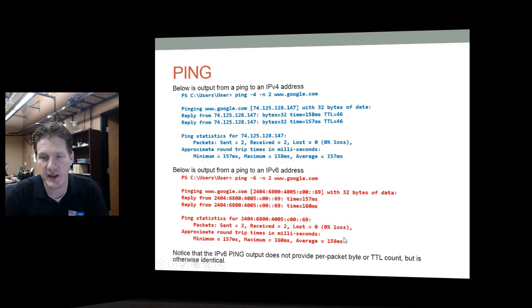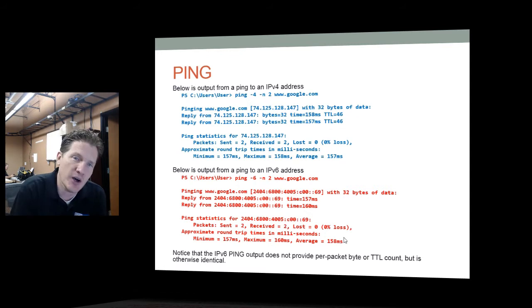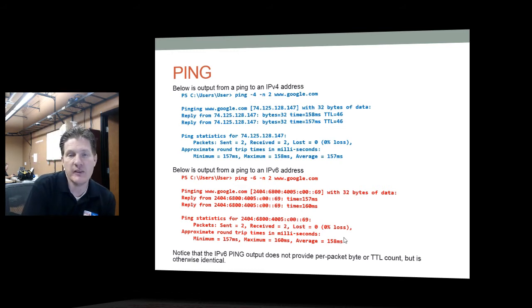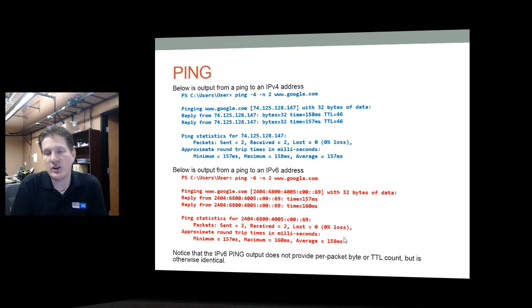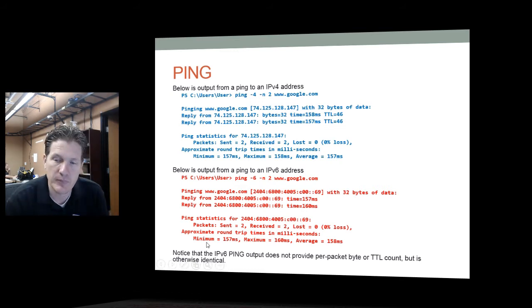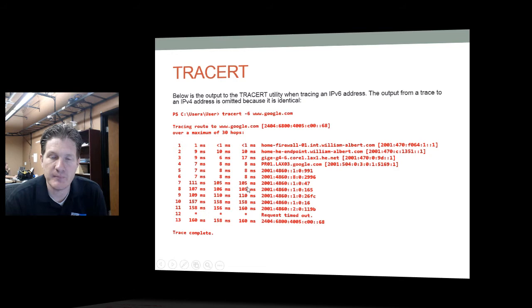The next command is called ping. In order to ping a host via IPv6, you have to type ping space -6, and then you can ping the IP address. And so that's how you can ping it with IPv6. Okay.